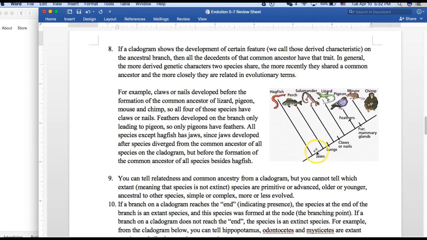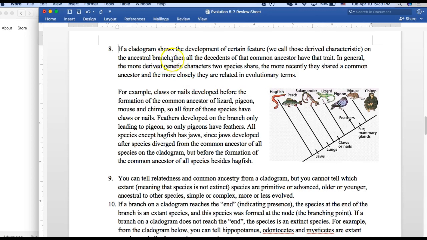So this species, this common ancestor, and all of the descendants of this common ancestor are going to have jaws unless some other mutation happens. Okay? So all of these are called derived characteristics because they're derived after a speciation event happens.